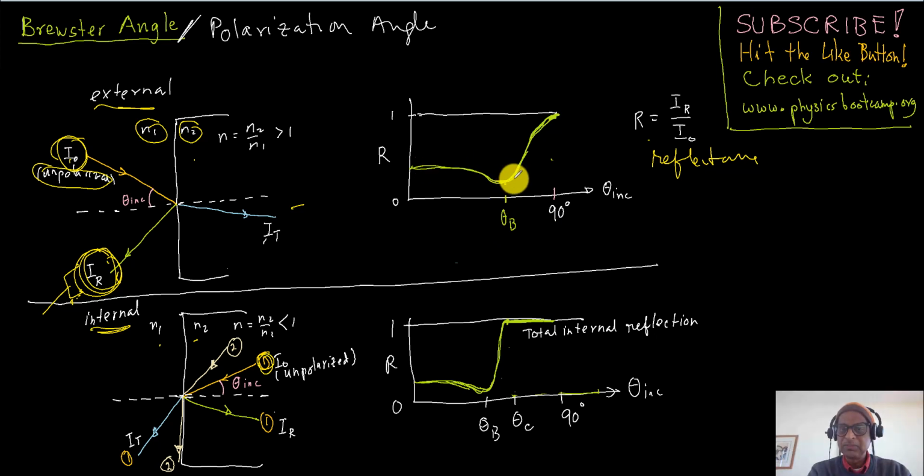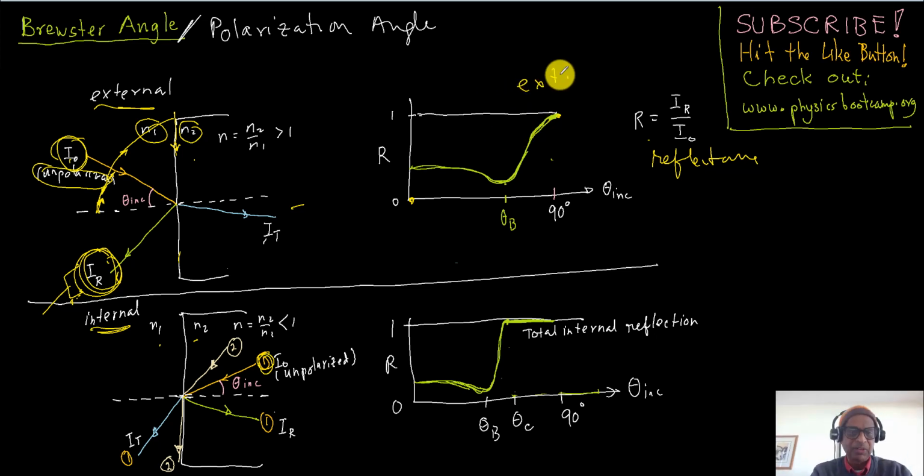Then if you keep raising the angle of incidence, starting from angle 0 and going to bigger angles, as you get past this angle it rises again, and at grazing incidence, of course, everything gets reflected. So this is 100 percent. This is what you might find for external reflection.